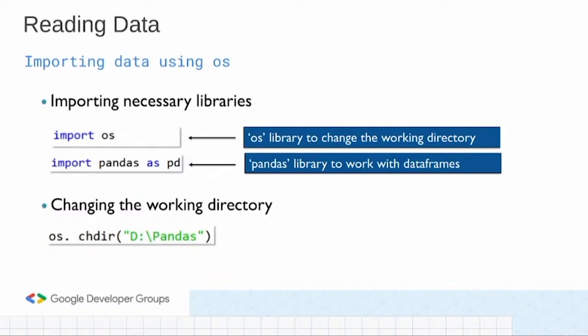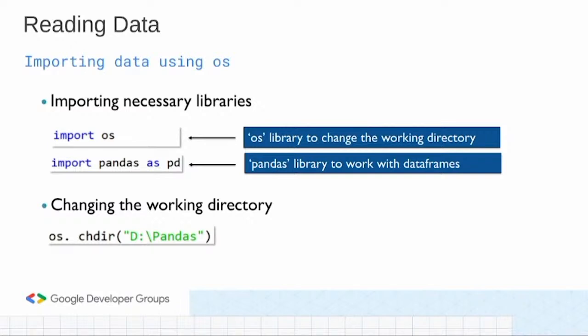There might be cases where you want to work with some data. In that case, you can change your working directory to wherever you have saved your data. That is why we have imported the os library, and then we are importing the pandas library to work with data frames.